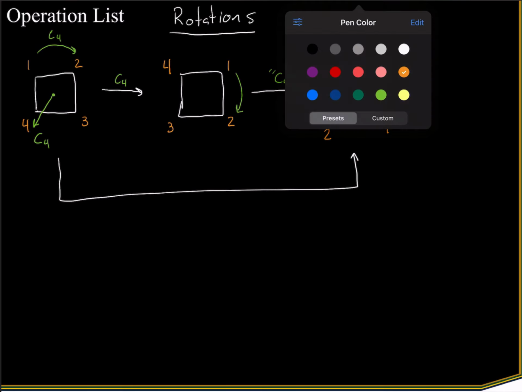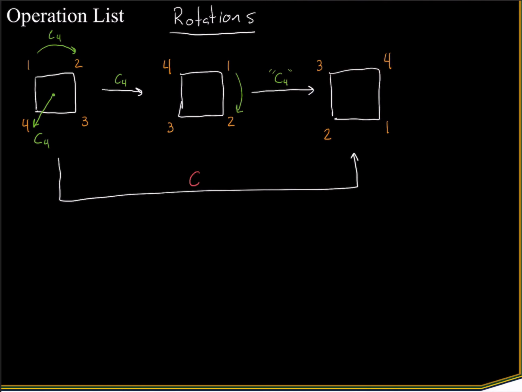Let's pick a different color here for our C2 just to make it pop, right? And this is a C2, and what it came from was two sequential C4s. And so anytime we have a C4, you will have one of these C2s. So you can derive that and look at examples for yourself. But essentially, whenever you rotate by 90 degrees and then another 90 degrees, that's the same as if you rotated it by 180 degrees. And so we can take this structure and we can have another C4.